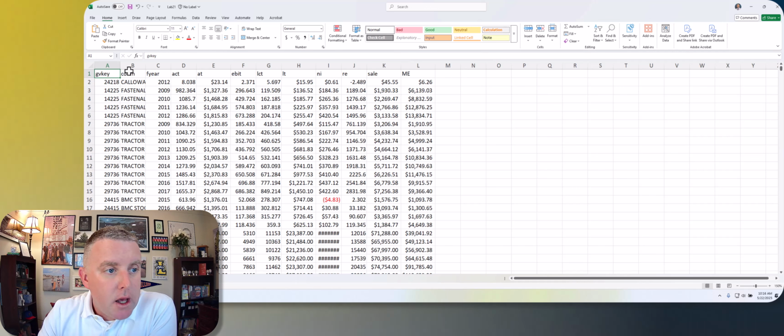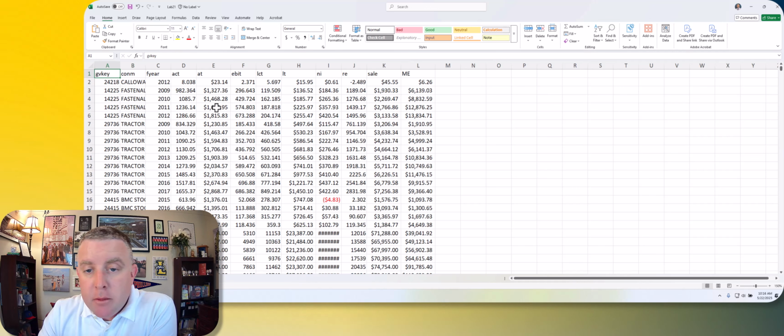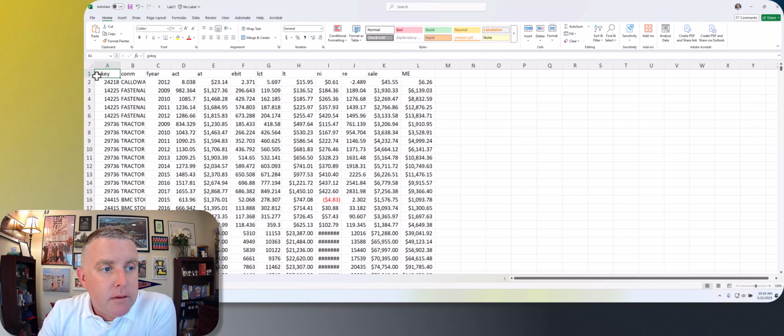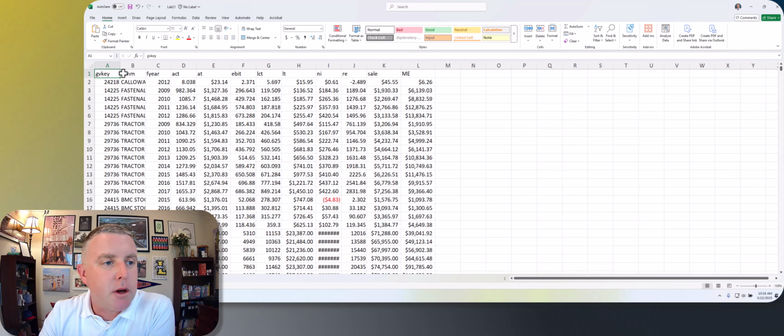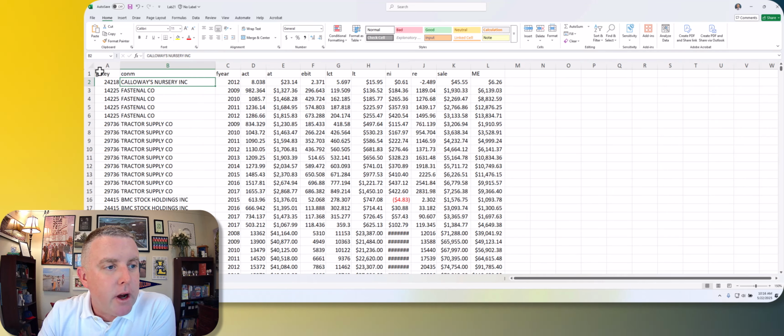In this lab, I have already assembled the data for calculating the Altman Z. You can see we have GV key, a unique identifier corresponding to each publicly traded company, assigned by a data service called Compustat. We also have the company name and the fiscal year.